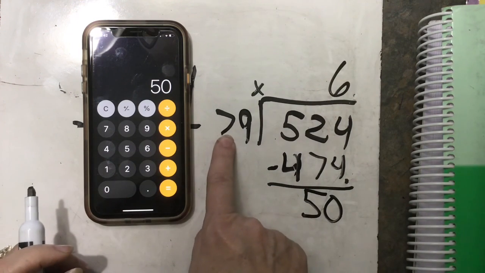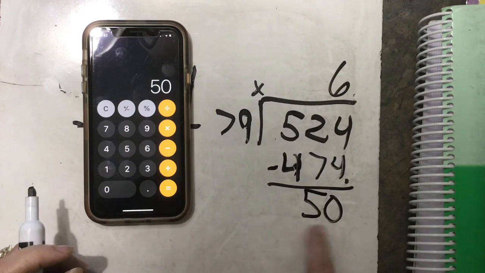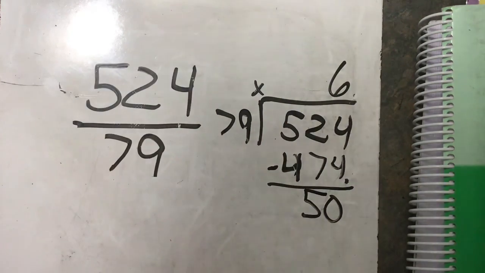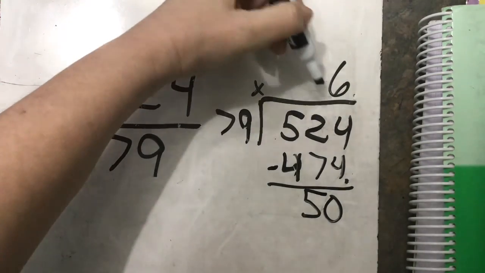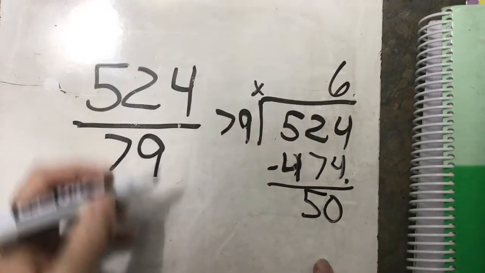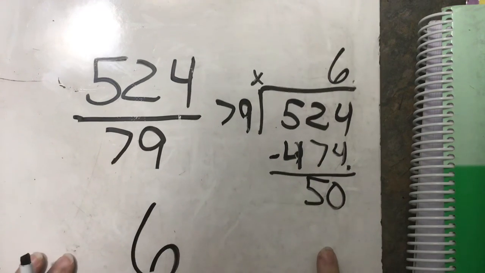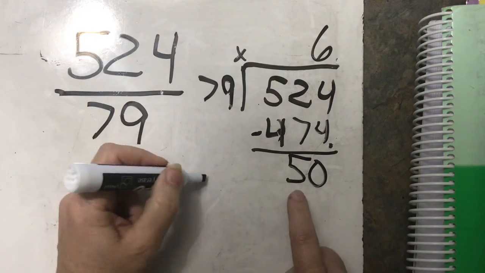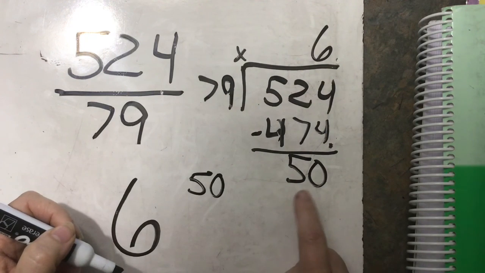Now, 50 is smaller than 79, so we're done. That's it, okay? So basically what this means is, remember, this is your answer. We have 6 whole pies that we were able to create, and we have 50 pieces left over.